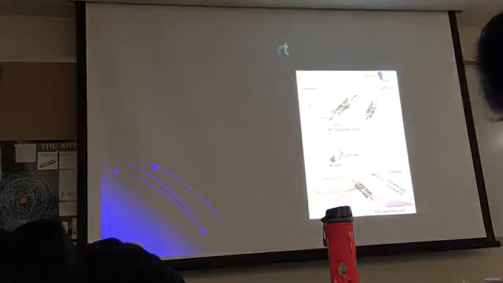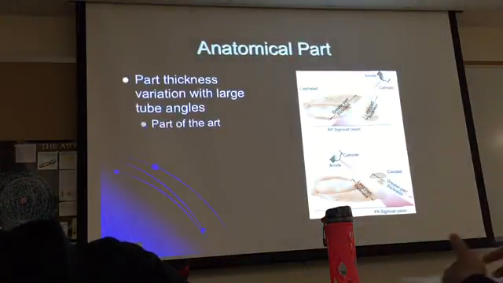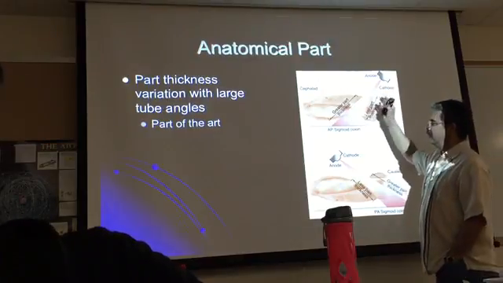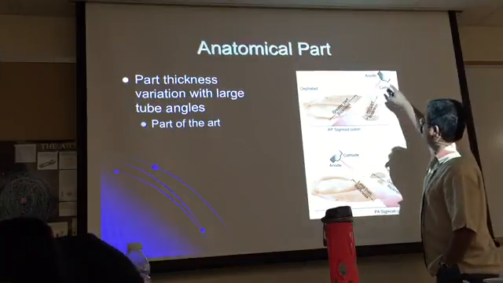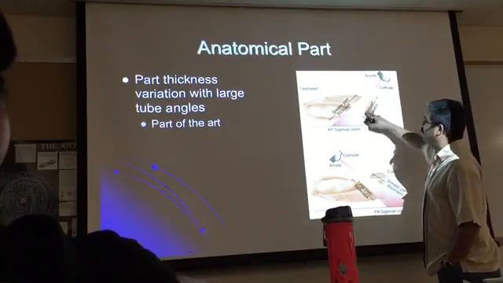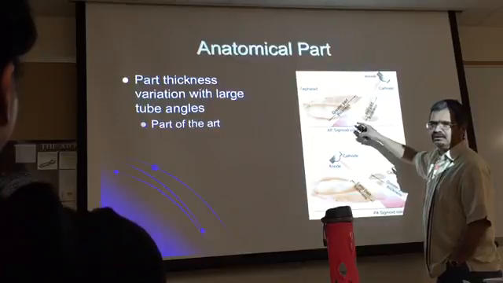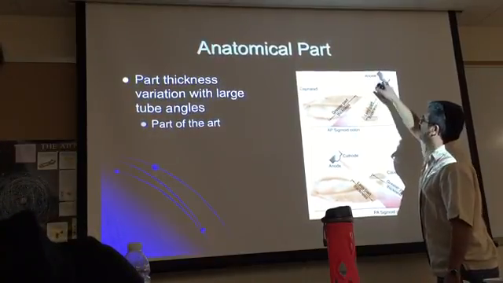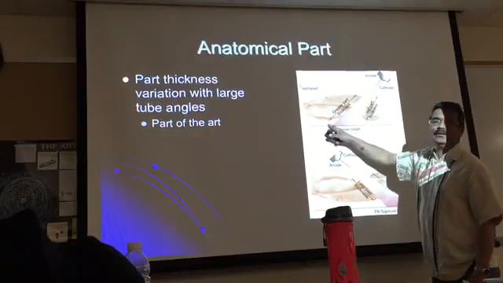Okay. All right. Anatomical parts. A few more things. Part thickness, variations with large tube angles. Hopefully you already observed that. When you have an angle, the part that is closer to the tube, because if you measure from here to here, it's not the same distance as here to here, right?